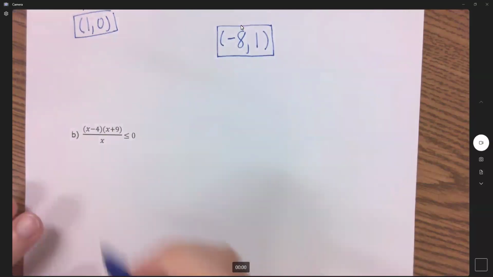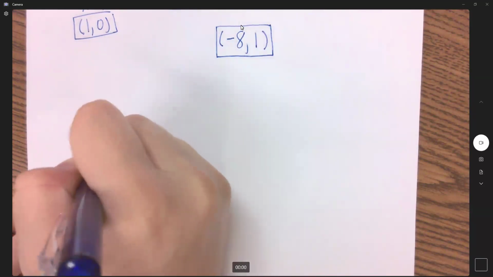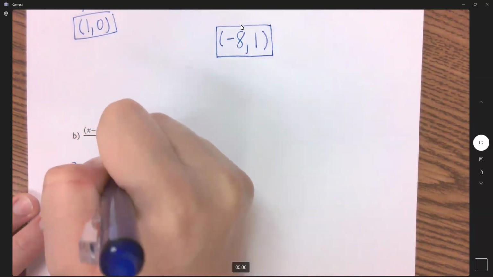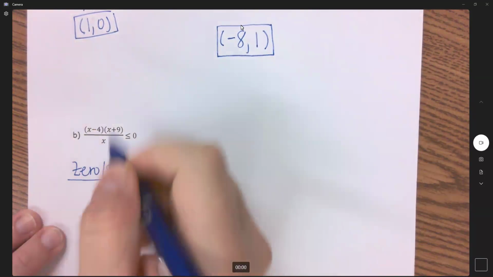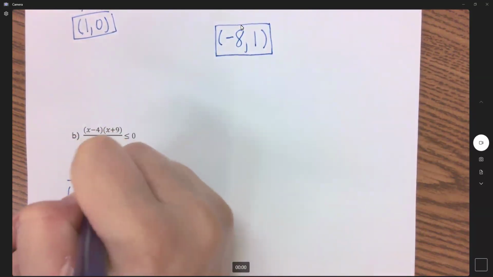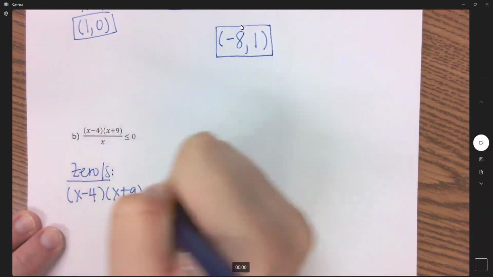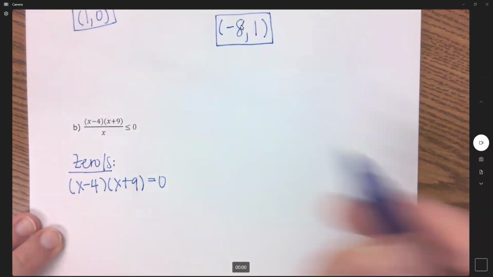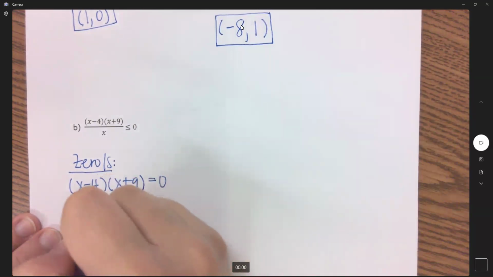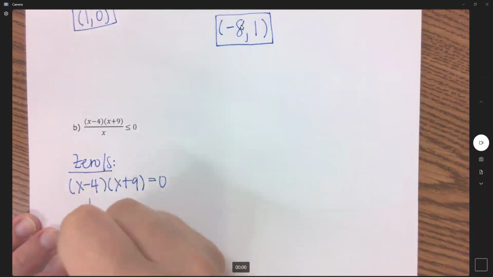Exact same thing here. We need to find our zeros. And we do that by taking the numerator and setting that equal to 0. So here we get x equals 4, which means I have an x-intercept at (4, 0).